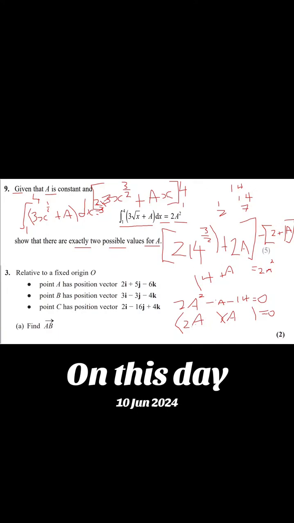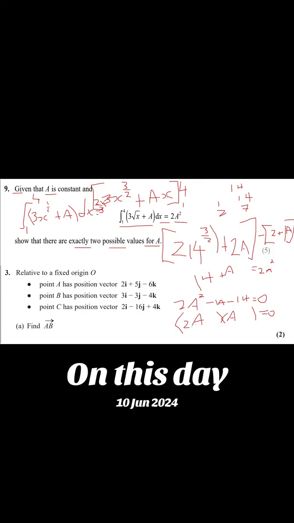So two numbers that add to make minus 1 and times to make minus 14. It can't be 7 there because that would make it minus 14. Sorry, guys, give me just 1 second.